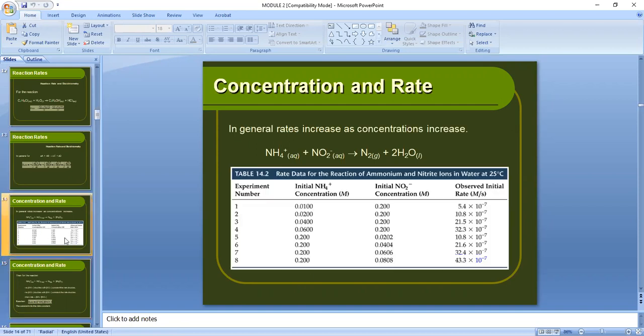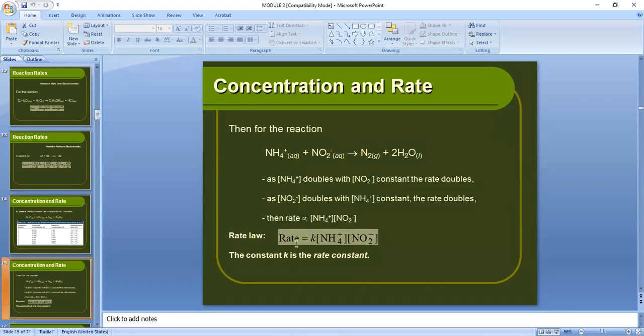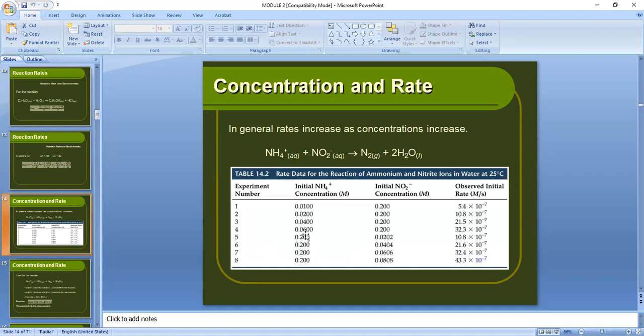We are asked to interpret the given set of data and come up with the rate law that will represent the given set of data. But in kinetics, as what you have learned last year, we have several techniques to use in determining the specific value of N and K, not just simply doing inspection. Like what happens to the rate if I double the concentration of one and keep the concentration of the other constant.